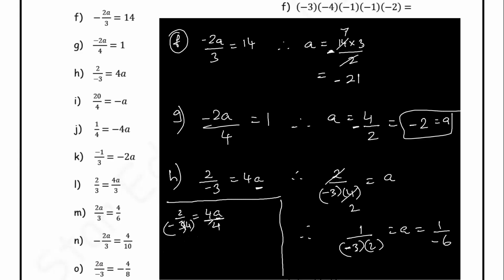Otherwise, it'll look like it's negative 3 and then 4 on its own, so you will get confused whether it's multiplication, addition, or subtraction. So 4 and 4 cancel. I get A equals 2 upon negative 12. And then 2 goes into 12 six times. So I got negative 1 over 6, same thing as this. All right, that was H.